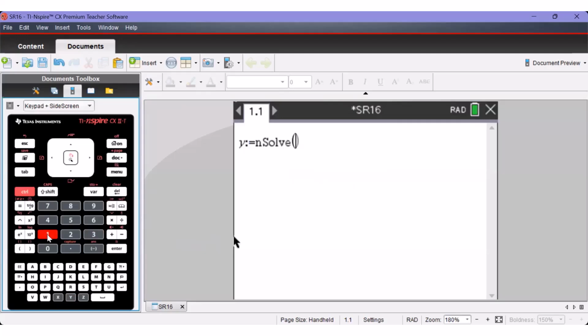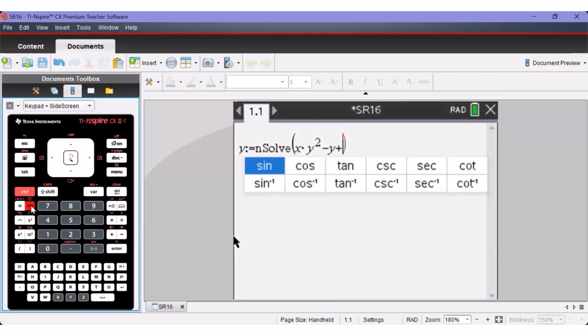And what we're going to do now is enter the relation. So we're going to type in x times y squared minus y plus, now to find the inverse cos, we'll press trig, and then we'll scroll across and down with the navigation pad to highlight inverse cos.